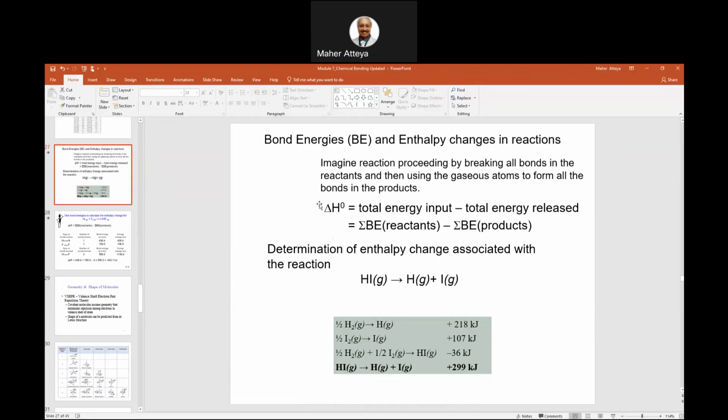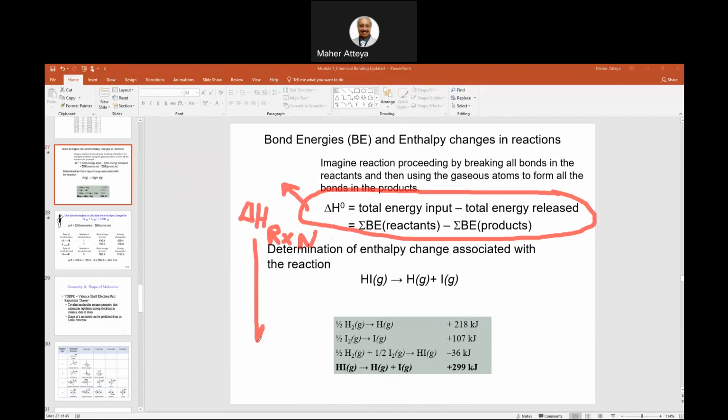Here, when it comes to bond energies, it's quite the opposite. So make sure that you understand this. This is quite the opposite of delta H when it comes to the heat of formation. So here it is delta H of the reaction.